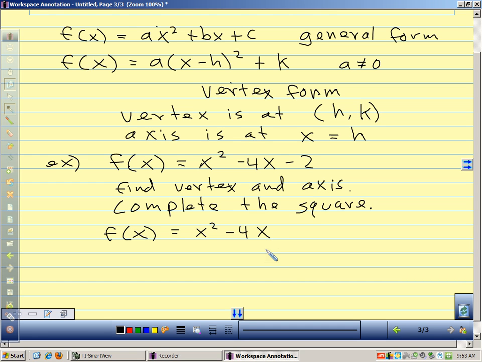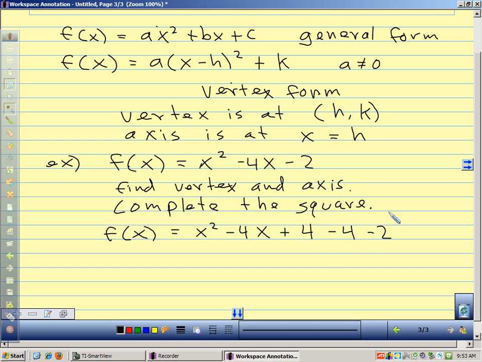And to complete the square, I add b over 2 squared. So b is negative 4. Negative 4 divided by 2 is negative 2, squared is 4. So I'm going to add 4, but I don't want to change the value of my function, so I also have to subtract 4.